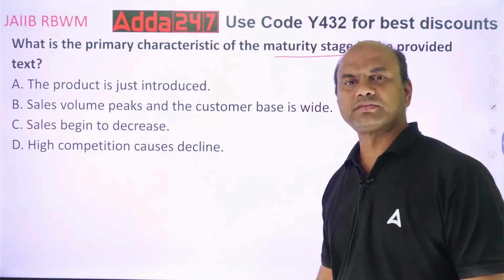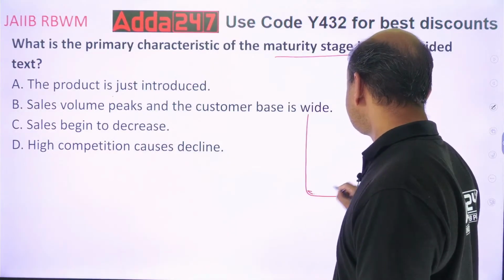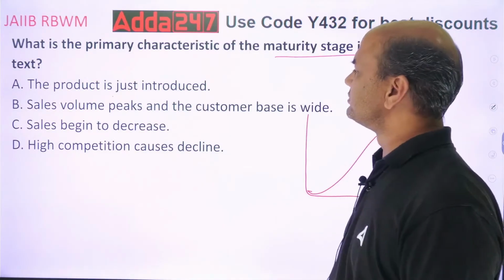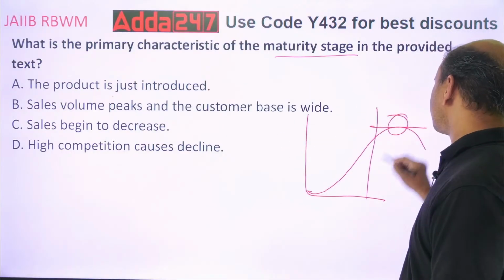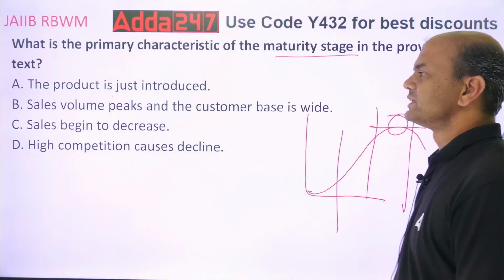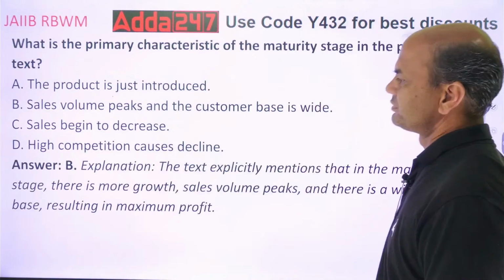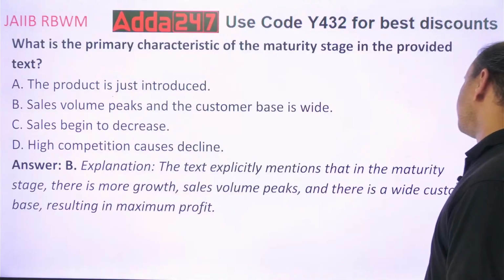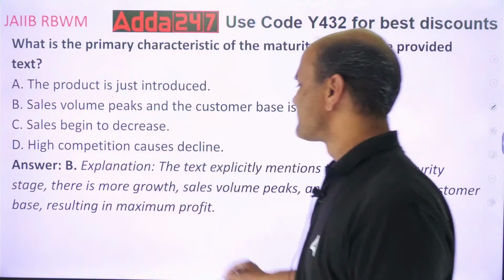See, maturity phase means this. Sales volume is maximum and customer base is wide. So this is your maturity phase, right? So the answer is B. The text explicitly mentions that in the maturity stage there is more growth, right?